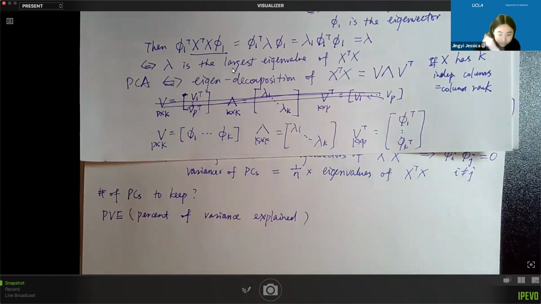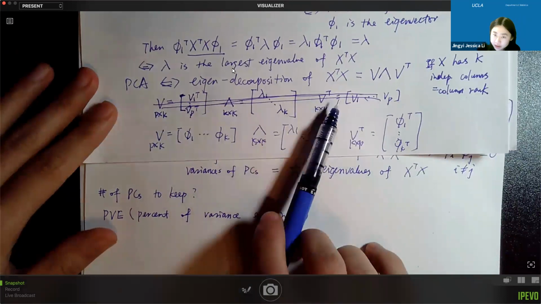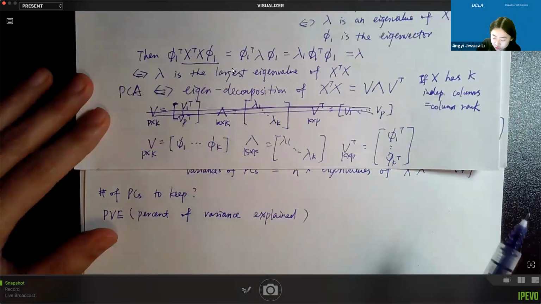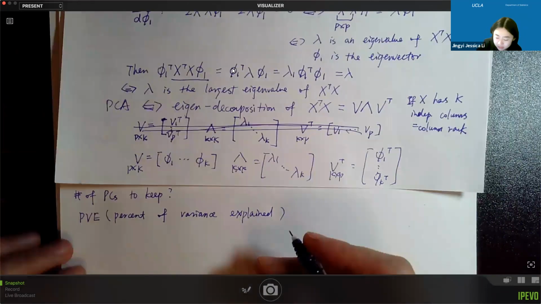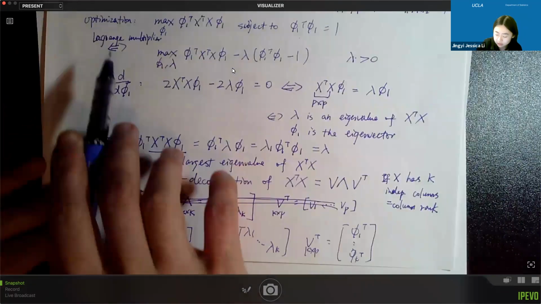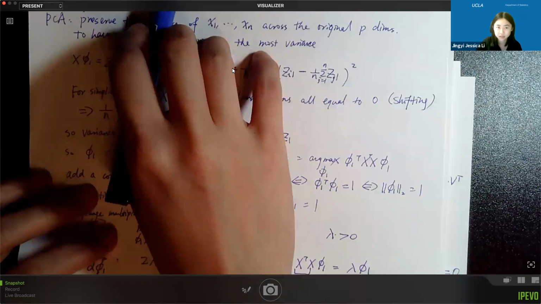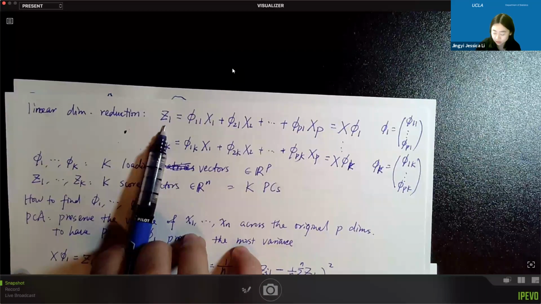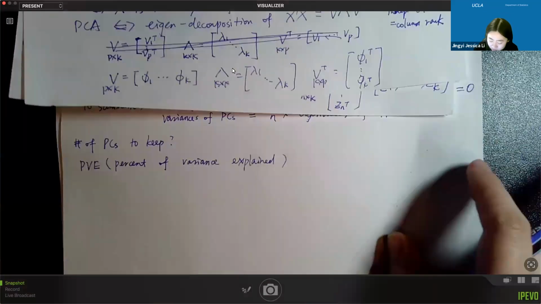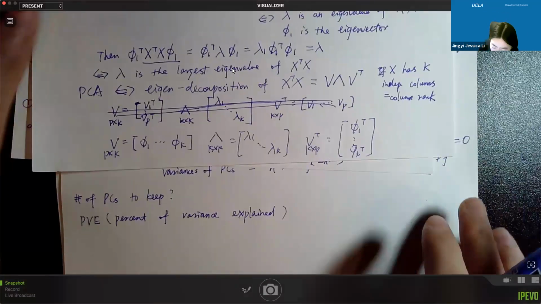Using our formulation here, given my Z1 definition, Z1 is the score of PC1. So for PC1, let me just write it here.